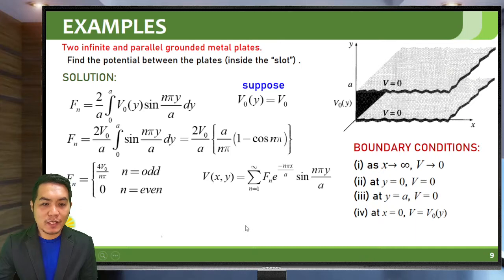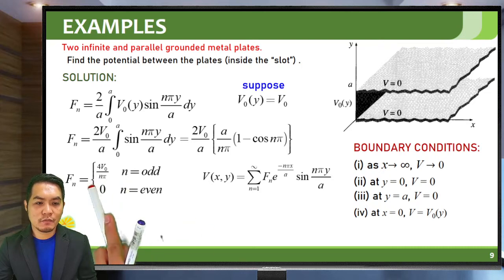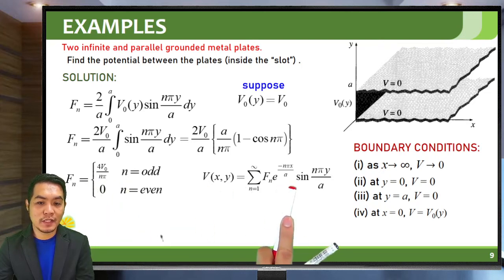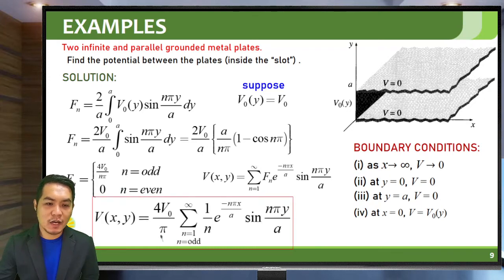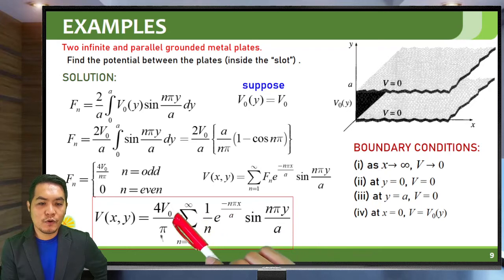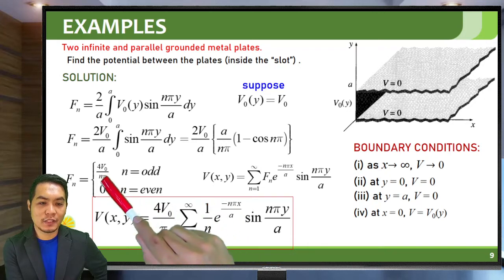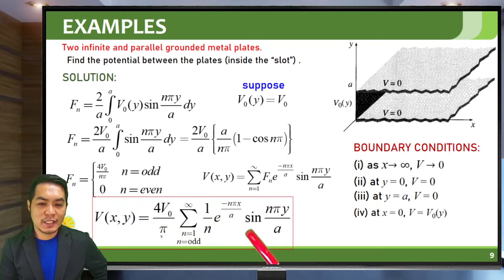So going back to our general potential, we just substitute this value of fn in this general summation, and this is now our potential. So 4v naught over n pi, but since we are summing over n, the 1 over n factor is inside the summation. All of the terms containing n are inside this summation.